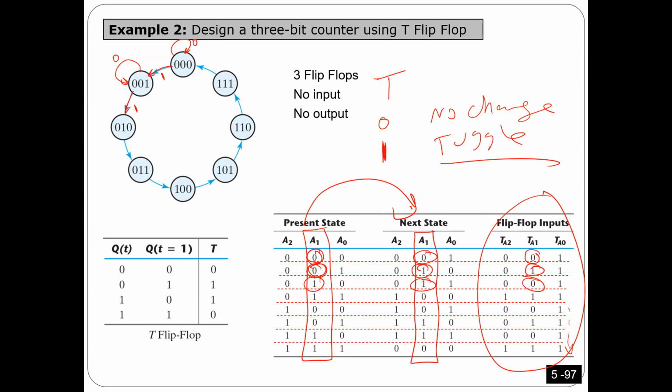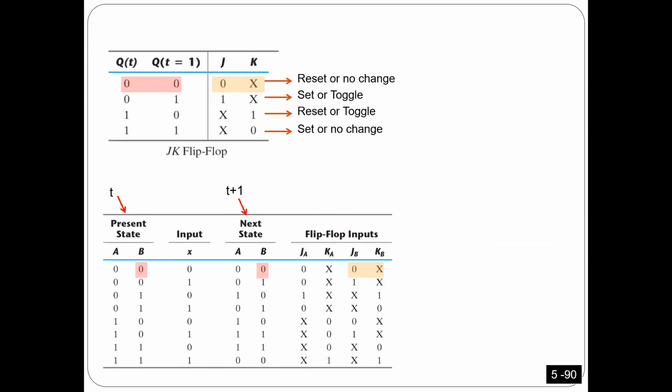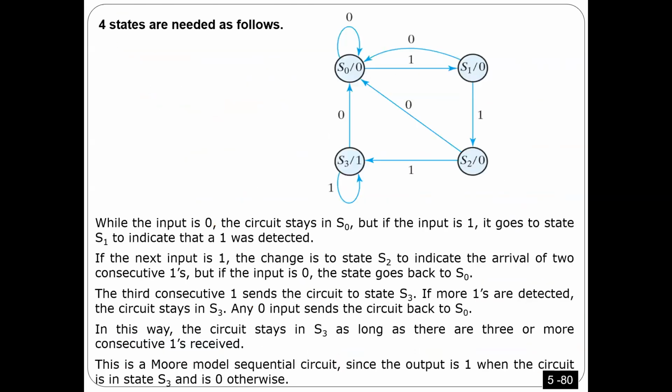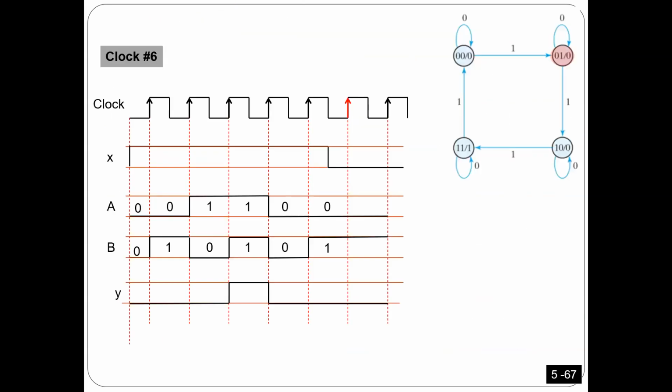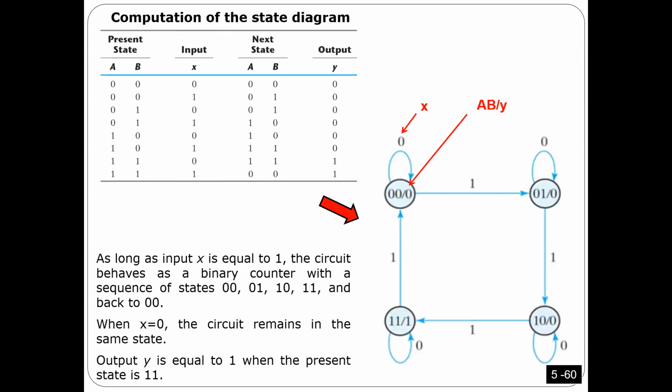By the way, this circuit we have already done before. Let me go back to show you where we did it. I think it was one of the examples in the analysis. Yeah, this one here. This one is a counter.